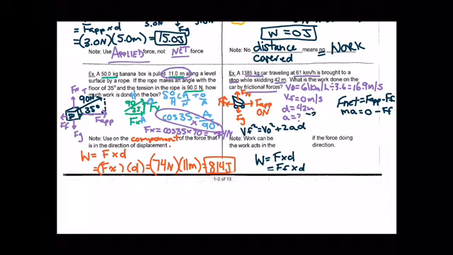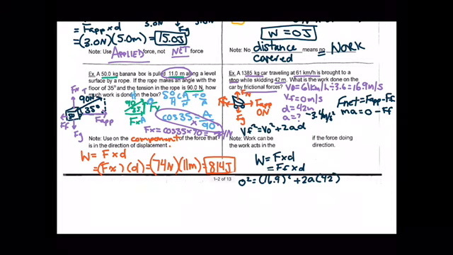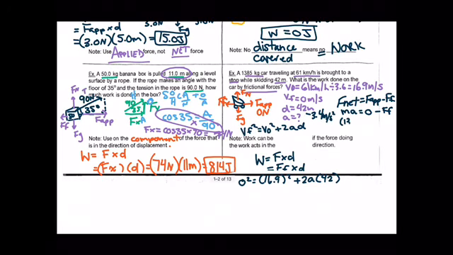You would get negative 3.4 meters per second squared. And then to do force of friction, your mass times acceleration, and that would give us our force of friction, which turns out to be 4,709 newtons.